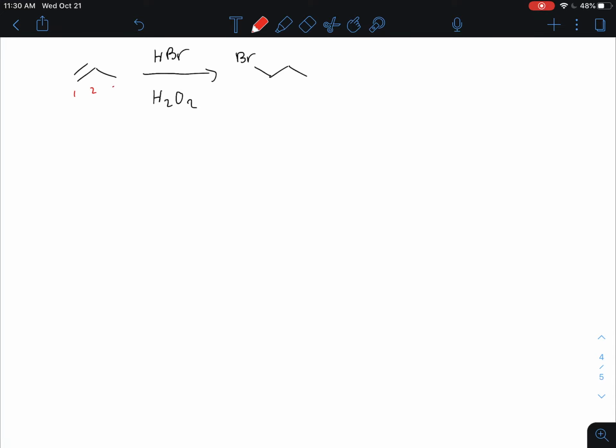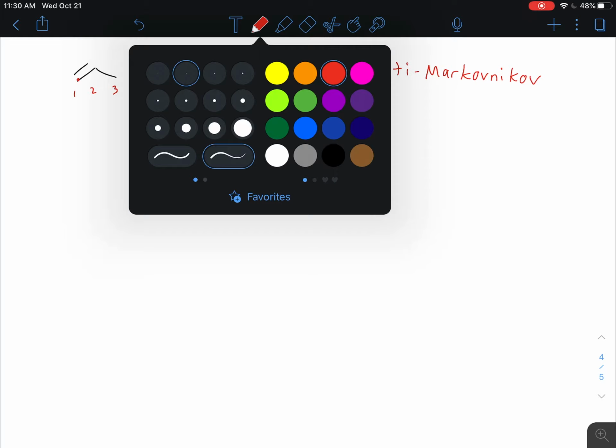So make sure you're not confusing the Br2 reaction conditions with the HBr reaction conditions. Those are going to be different, but what you're seeing is anti-Markovnikov addition. So let's look at the mechanism for this one, and again, try to look at it from the perspective that there are similarities between this mechanism and the other two radical mechanisms that we've seen.